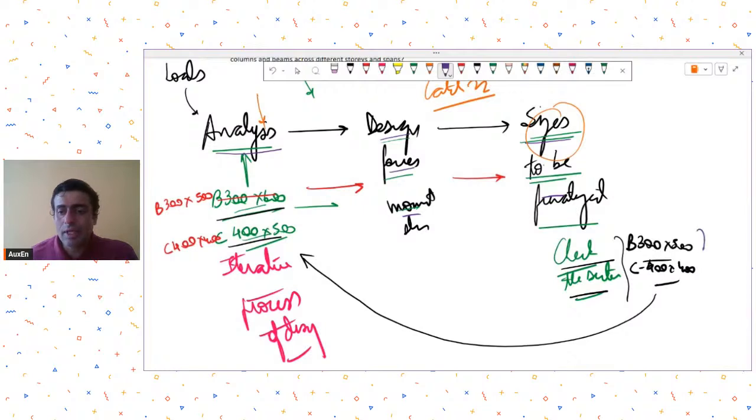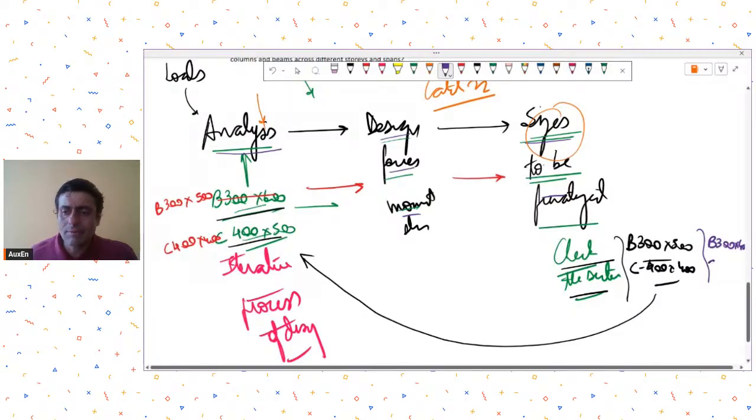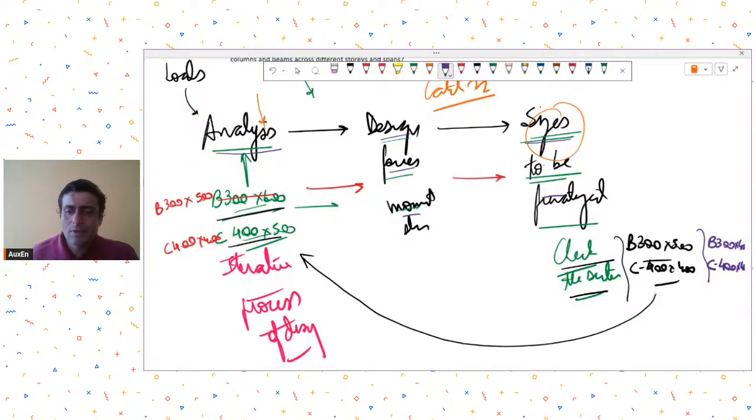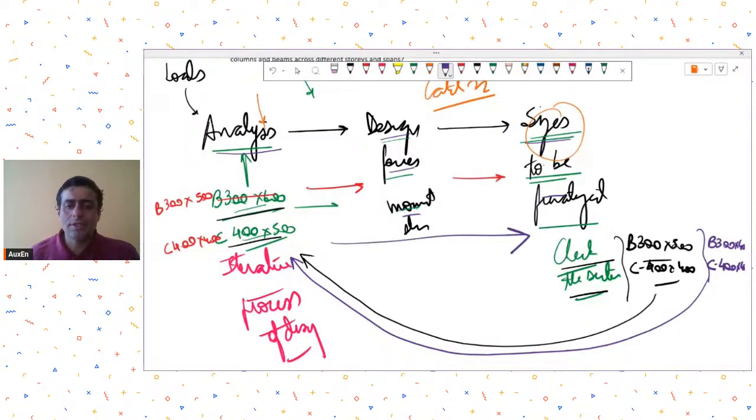Once I check for this size, again I may find that we may have a further margin of reduction. Why? Because when I change the sizes, my analysis forces also slightly change. So I may decide that the beam size may be revised and the columns we may keep as they are. Now I go for the next iteration and follow the process again.